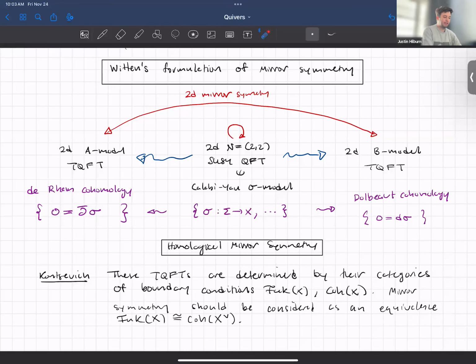So these 2D N equals (2,2) theories have two topological twists. One of them is called the 2D A model, and the other one is called the 2D B model.